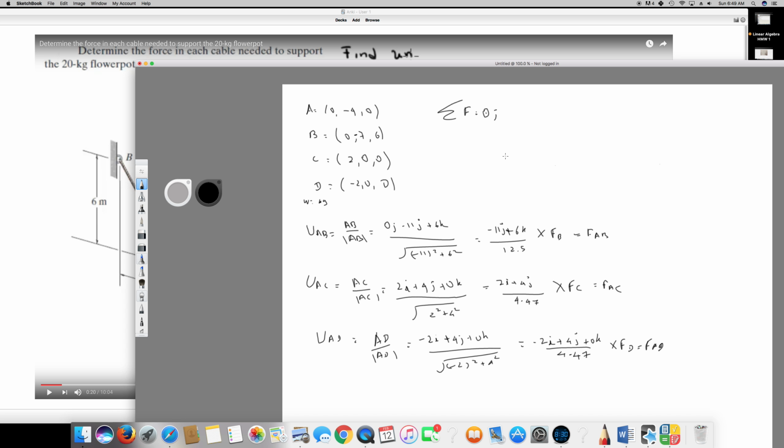So I simply add all the forces together: 11J plus 6K over 12.5, plus 2I over 4.47 plus 4J over 4.47.